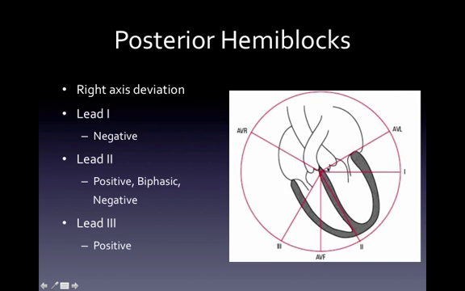Posterior hemiblock, and that would be AV node, right, left anterior fascicle, left posterior fascicle. The posterior fascicle is blocked, so this is going to give us a right axis deviation, and it depends on how much of a deviation we actually have.